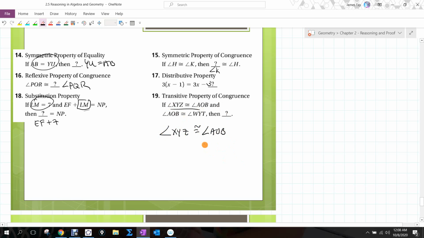And angle AOB is congruent to angle WYT. I like to write it this way because I can visually think about putting those on top of each other. You see the angle AOB is now that middleman, and then if I wipe it away, what am I left with? I'm left with angle XYZ congruent to angle WYT, and that is then the conclusion right there.